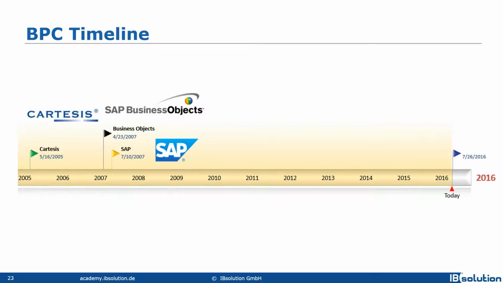And as you already know, because we saw this on a previous timeline, Business Objects was purchased by SAP, and since then SAP have been investing quite a lot in BPC solution, and has many clients over different industries worldwide.